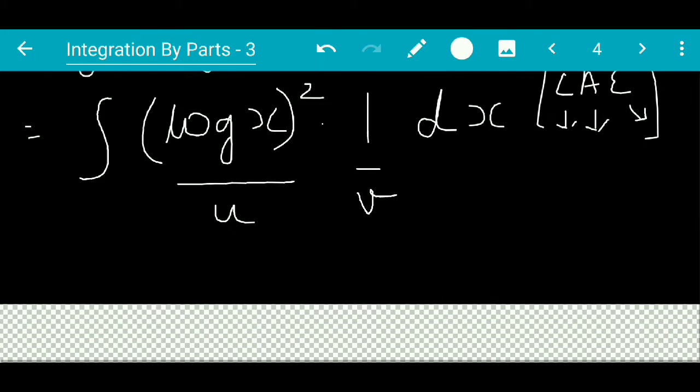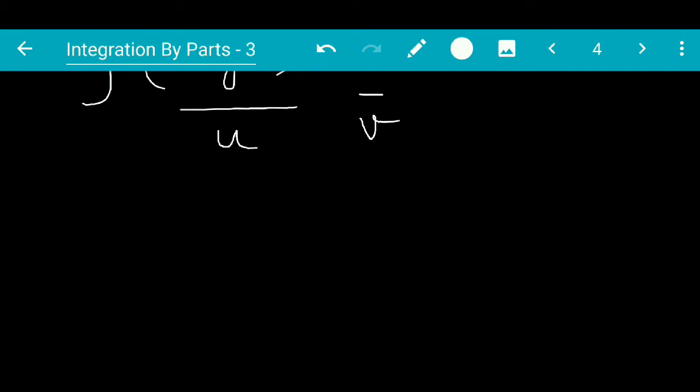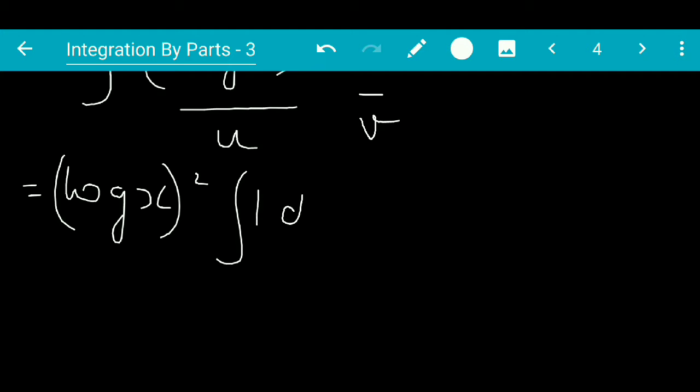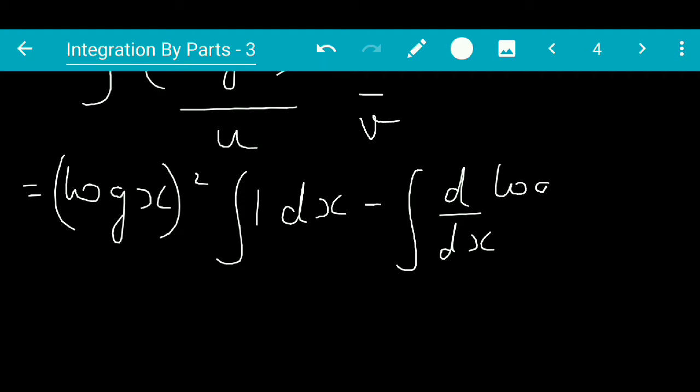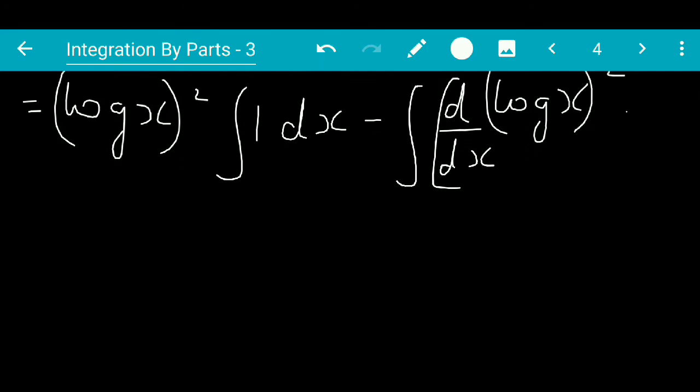Applying the formula for the integral of u into v, we get log x the whole square into integral of 1 dx, minus the integral of d dx of log x the whole square into the integral of 1 dx, into dx.